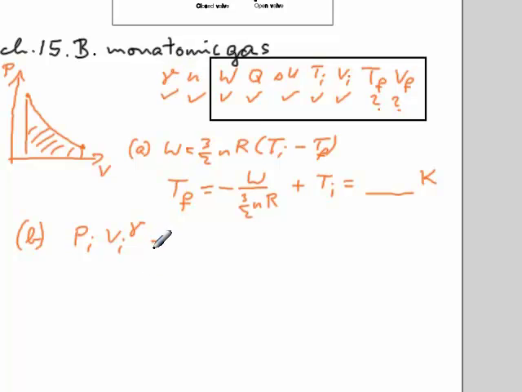And that equals Pf Vf to the gamma. And we haven't been given either the initial or final pressures. So the question is, can we actually use this equation? Well, because we have two unknowns here, we need something else.